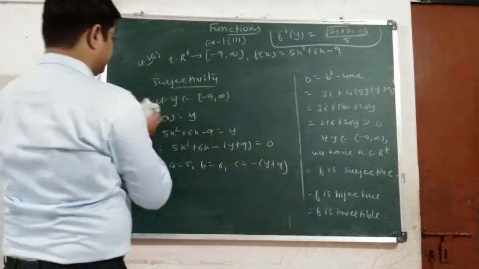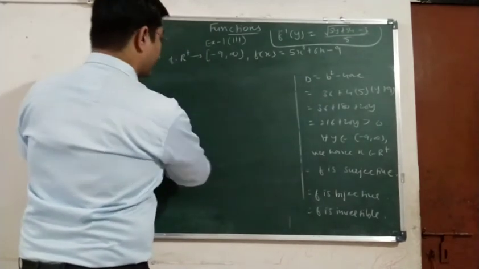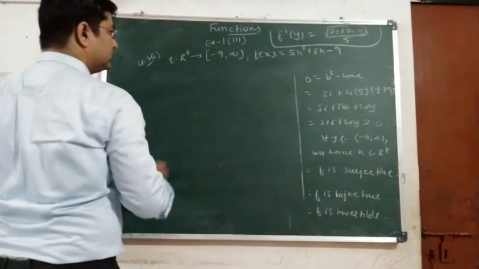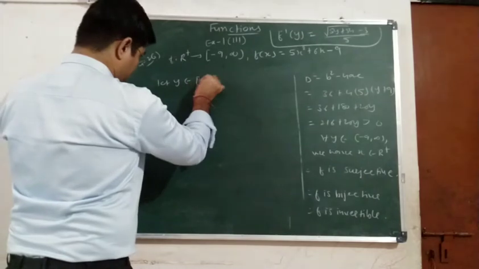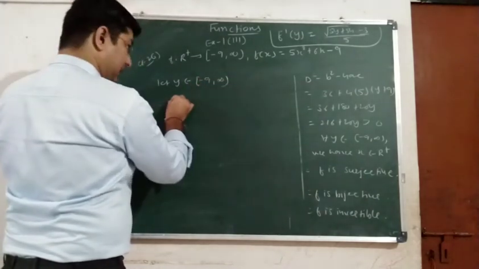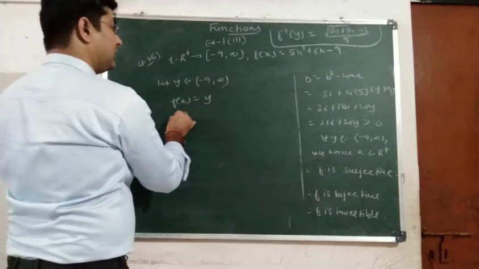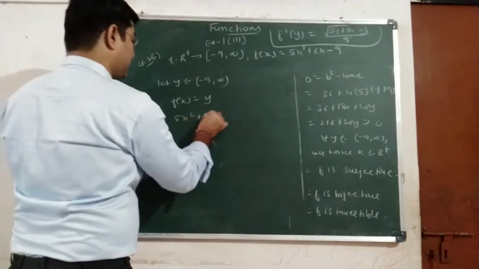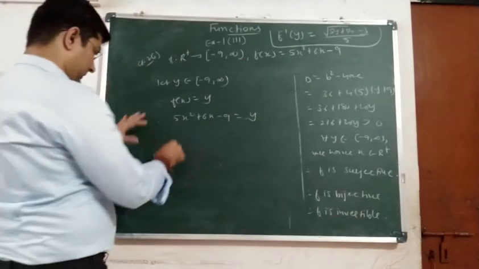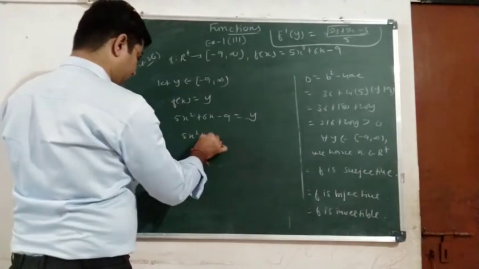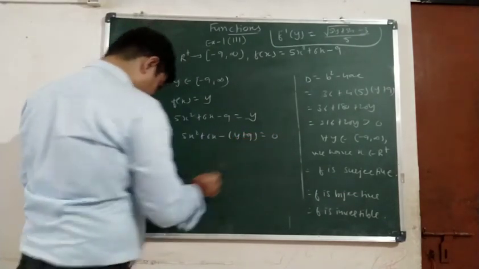Okay, now let y belong to codomain such that f of x is equal to y. Therefore 5x square plus 6x minus 9 equal to y, and therefore 5x square plus 6x minus y plus 9 equal to 0.